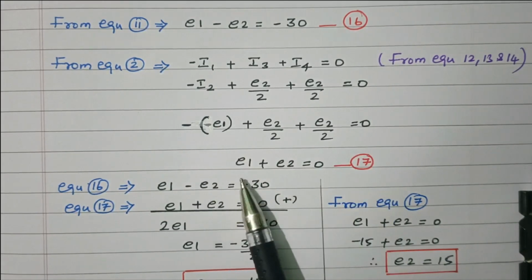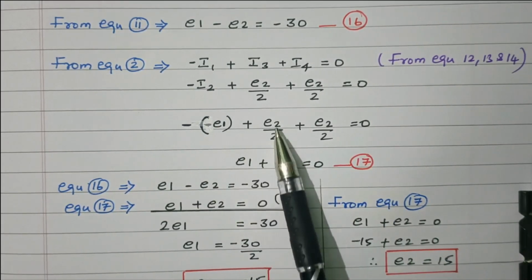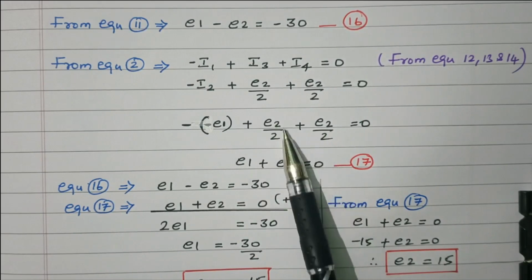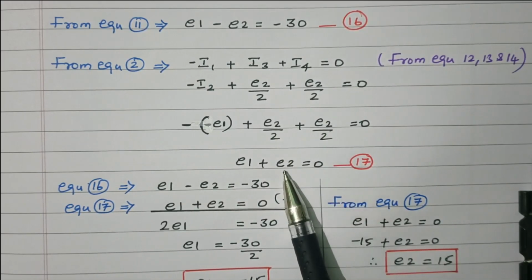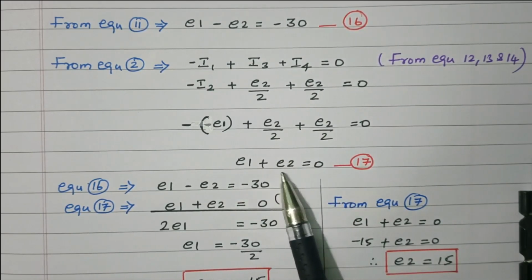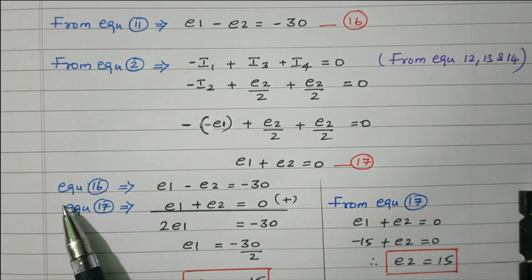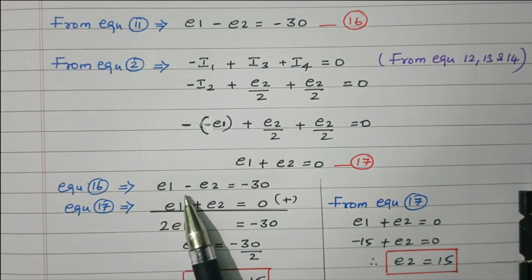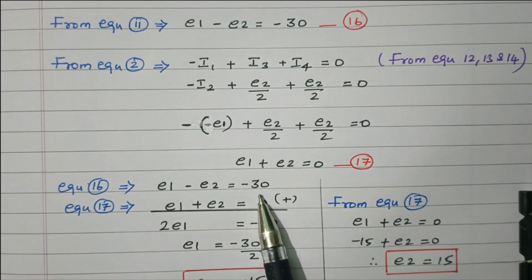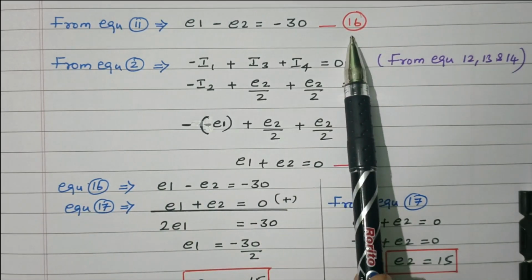So negative becomes positive E1. E2 by 2, E2 by 2, 1 by 2 plus 1 by 2 is 1, so it becomes E2. So E1 plus E2 equal to 0. We have equation number 17. But equation 16 what we have, E1 minus E2 equal to minus 30. This is equation 16.